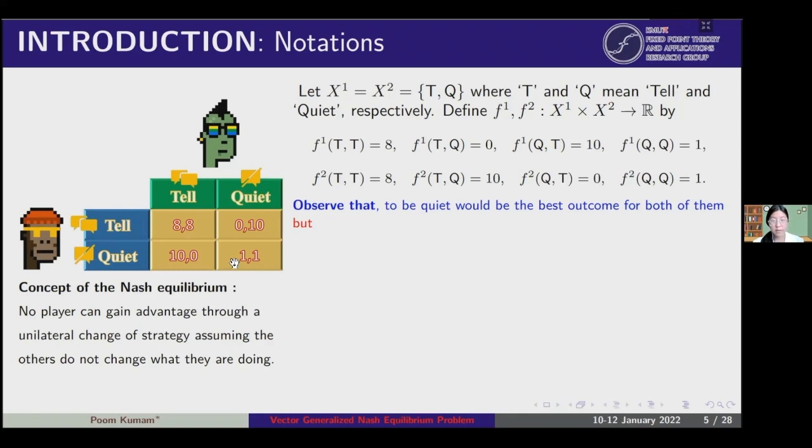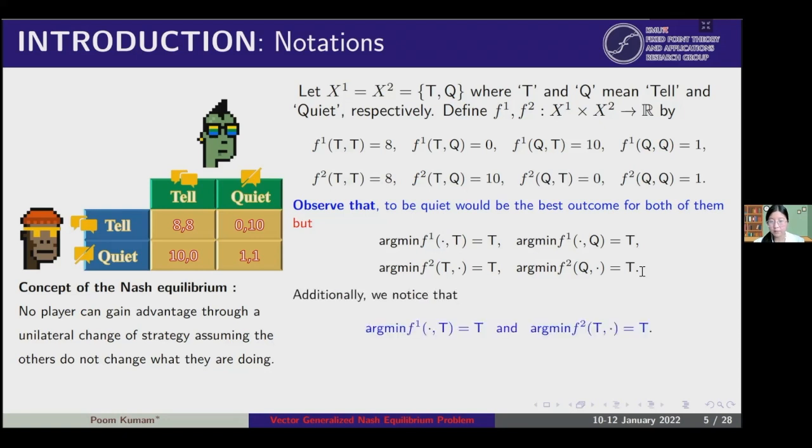But for the Nash equilibrium, we can observe that the argmin of F1 when player 2 tells the police is to tell, and the argmin of player 1 when player 2 keeps quiet is also tell. For player 2, the argmin when player 1 tells the police is to tell, and the argmin when player 1 keeps quiet is also T, tell the police.